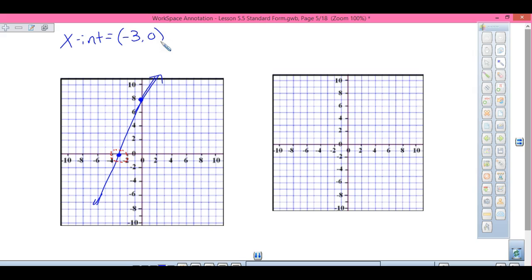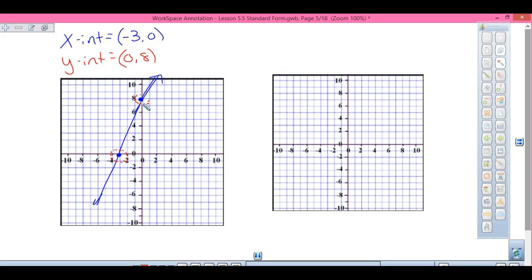It's always x comma y. Sydney, you look confused. Okay, so the y-intercept, where does it cross the y-axis? 0, 8. It's just the point where it crosses that line. Don't make it more difficult than it is. You're just looking at the graph to see where it crosses.